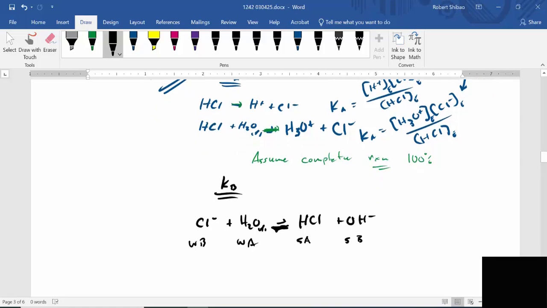But that's base hydrolysis. I want to make one point here. Acids produce hydronium. When we produce hydronium, it increases the hydronium concentration, and pH is flipped. So if the hydronium ion concentration increases, the pH decreases, a negative inverse relationship. And bases produce hydroxide in solution. pH is the power of the hydrogen ion concentration, and pOH is the power of the hydroxide concentration.